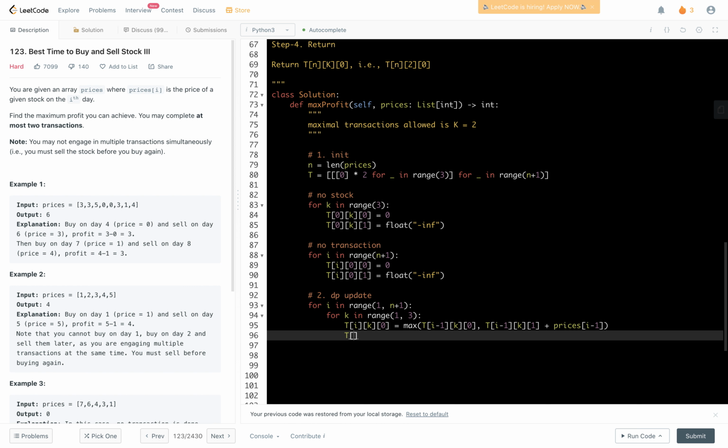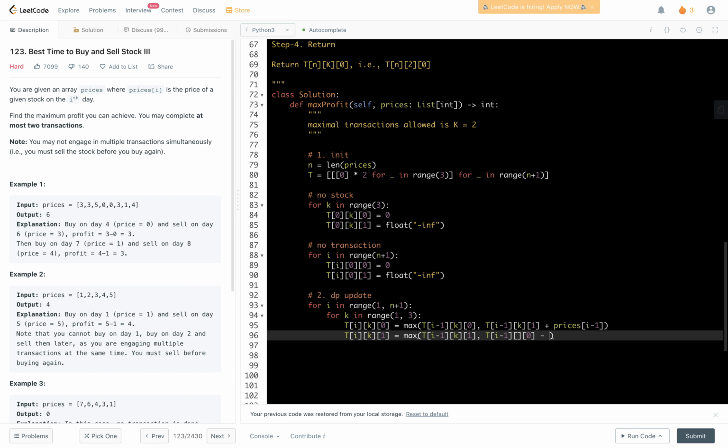Now let's update t i k 1. Again, it has two states. One is t i-1, k, 1. In other words, we do nothing at day i, and at the end of day i-1 we hold stock. Or at the end of day i-1 we do not hold stock, and in this case we can choose to buy a stock.